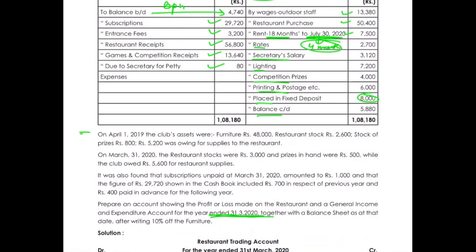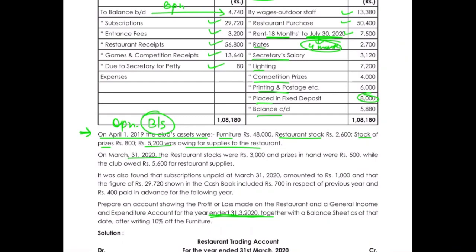Then you have been given some adjustments. On 1st of April 2019, the club assets were... So this is the opening balance sheet. These are the figures of your opening balance sheet which they have given. We have furniture, we have restaurant stock, we have stock of prizes, and 5,200 was owing to the suppliers of the restaurant.